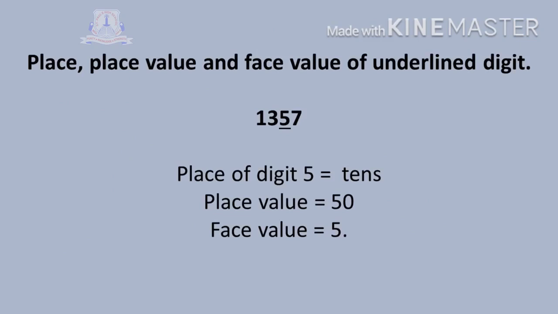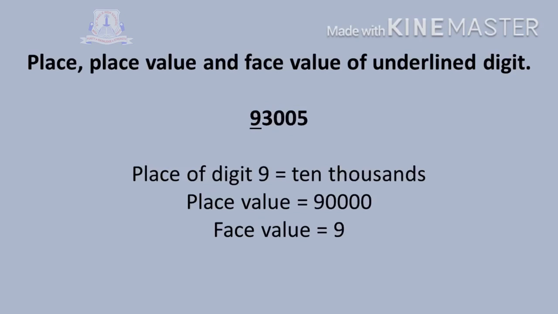Place value is 50. Face value is 5. Sum number 2, 93,005. The number underlined is 9. Place of digit 9 is 10,000s. Place value is 90,000. Face value is 9.